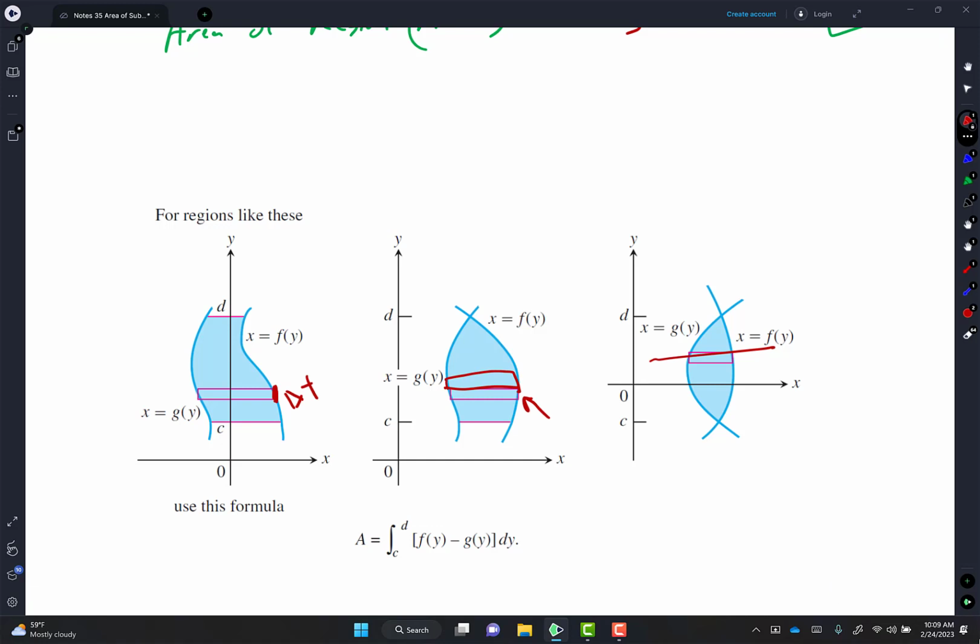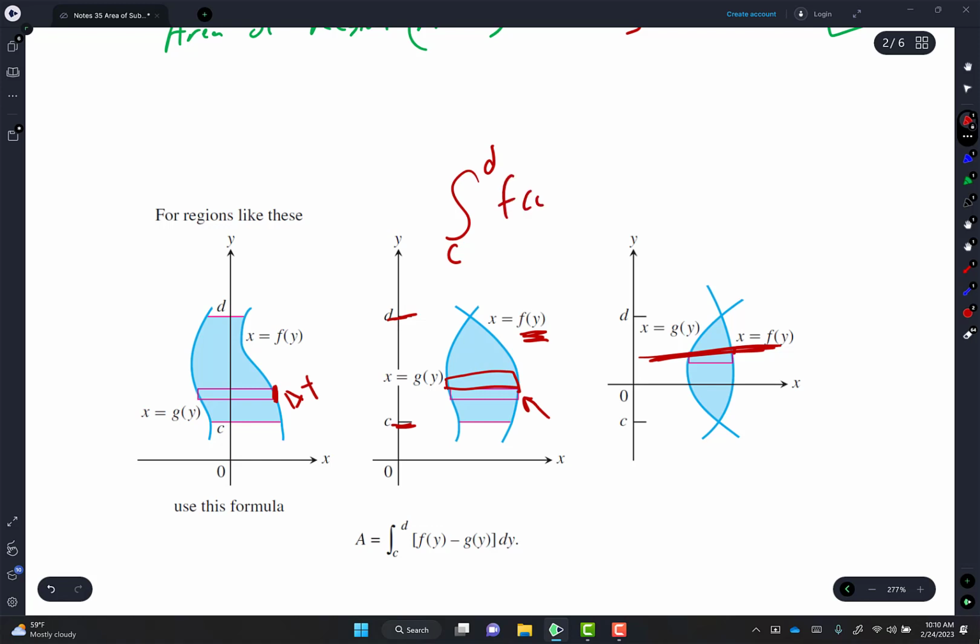Okay, so what this means, guys, look, notice that it says x equals f of y. So this means integral, and notice this has the letter C and the letter D. We'll talk about that in a little bit. Well, I guess we should talk about it now. So C down here, D up there, and then upper minus lower. What's upper? When you draw your horizontal line, the upper one is the one in the rightmost, right minus left.